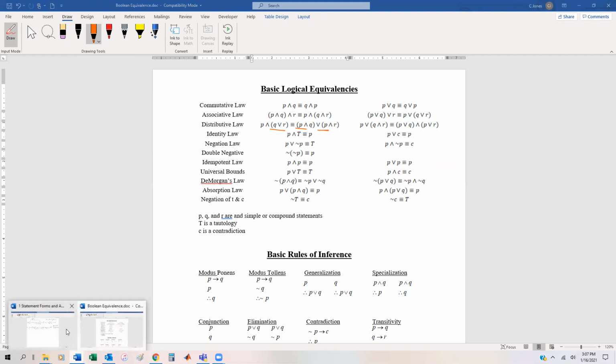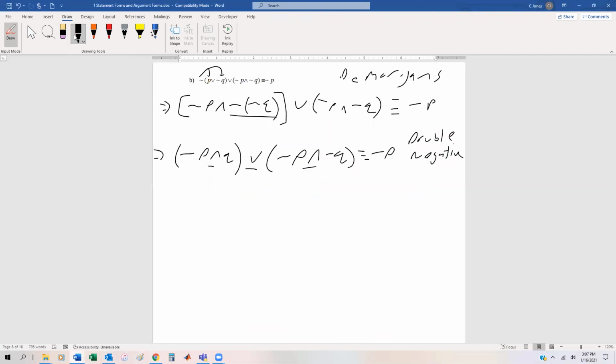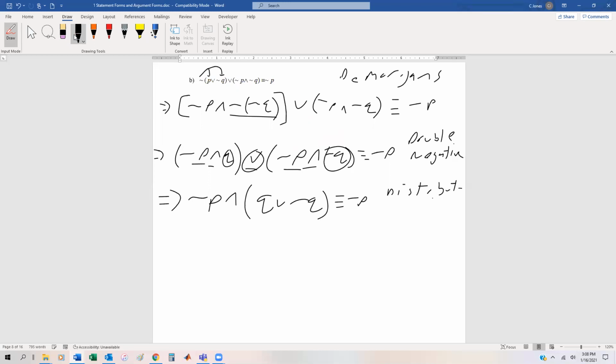As we go back, notice the first part is the same, so we're going to pull out a not P, we're going to pull out the and, and this becomes Q or not Q, and that's supposed to be equal to not P. So that's our distributive property, or distributive rule. As long as you say distributive, that's fine.